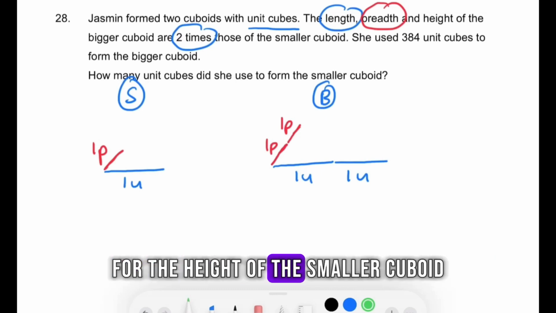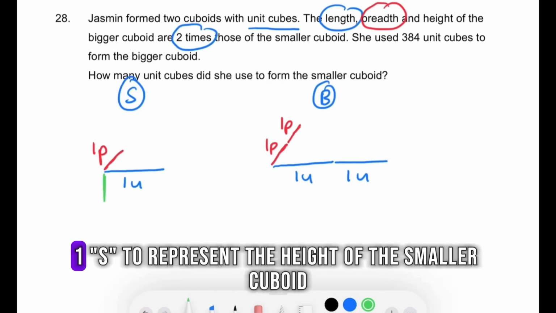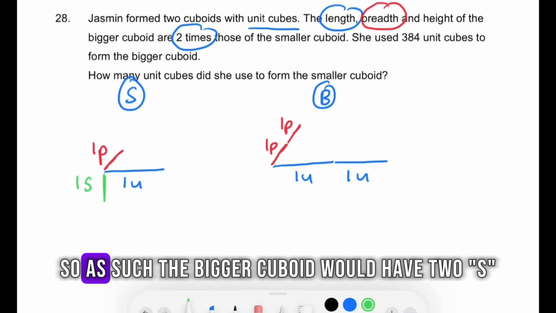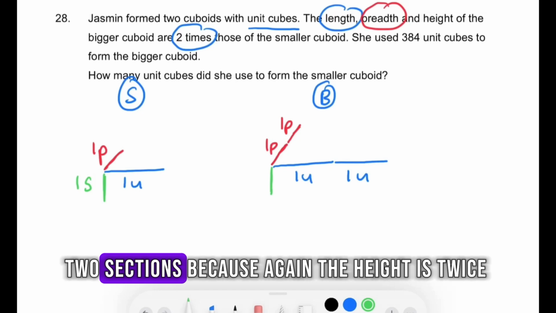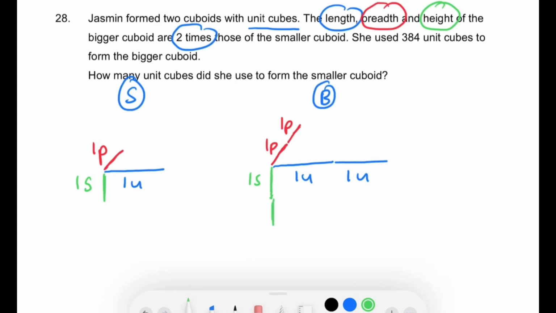For the height of the smaller cuboid, I'm going to use 1 section to represent the height of the smaller cuboid. So as such, the bigger cuboid would have 2 sections, because again, the height is twice of the smaller cuboid. So 1 section and then 2 sections.